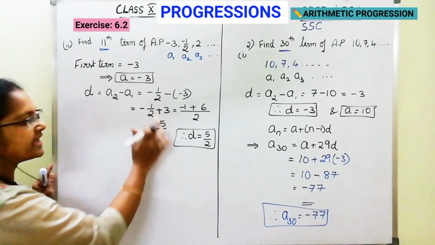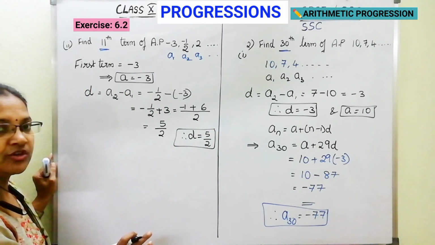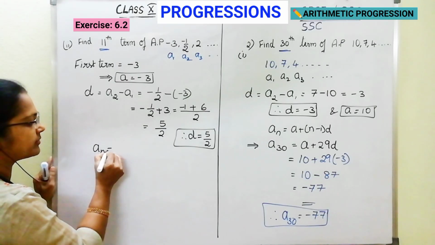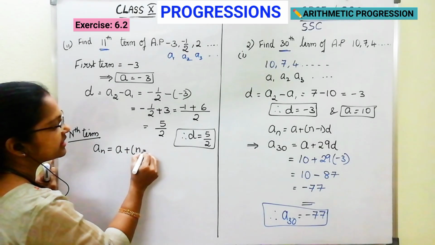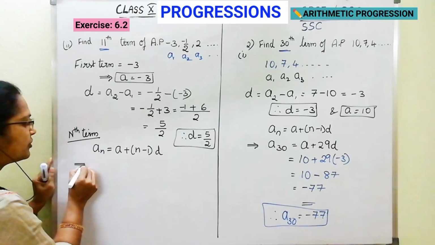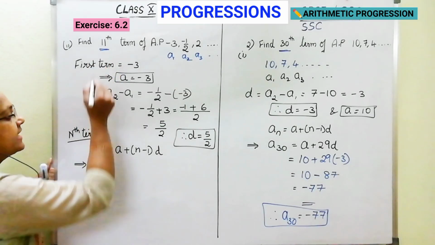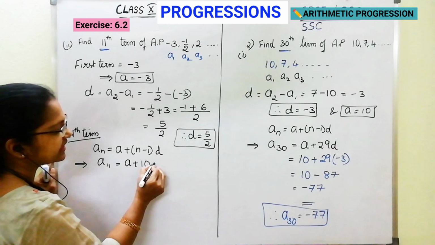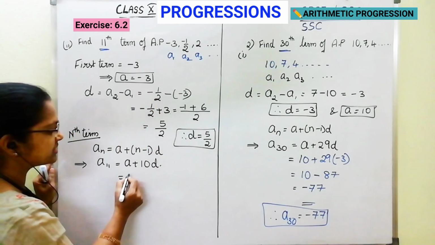In this way we got A and D value. Once we know A and D value, we can calculate any term by using this nth term formula. An is equal to a plus n minus 1 into D. We are supposed to find A11. A11 is equal to A plus 10D. A value is minus 3.